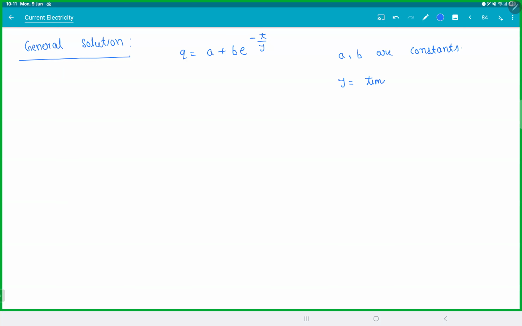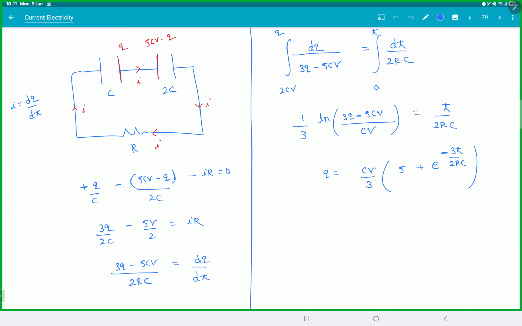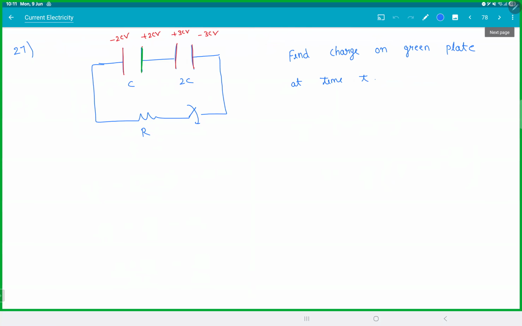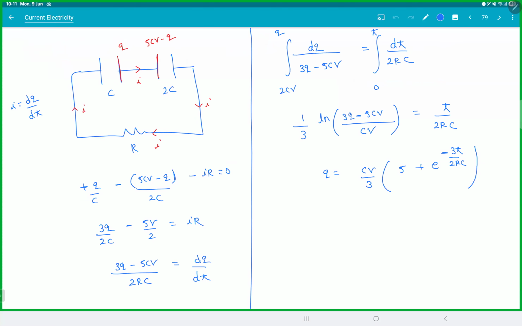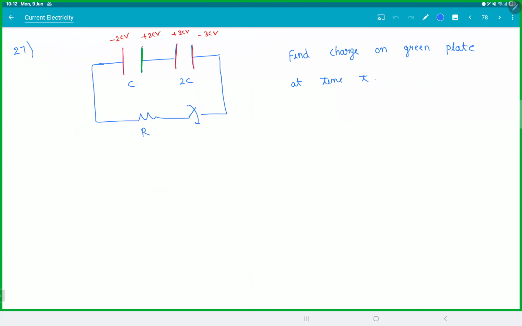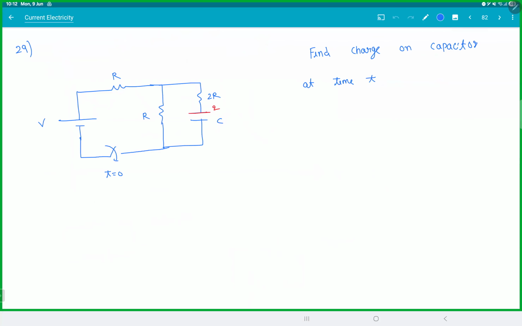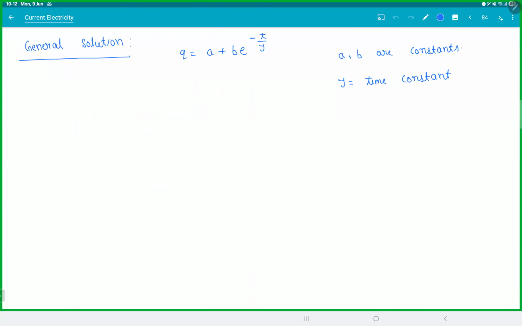Tau is your time constant. So this is your general solution: Q is equal to A plus B e power minus t by tau.